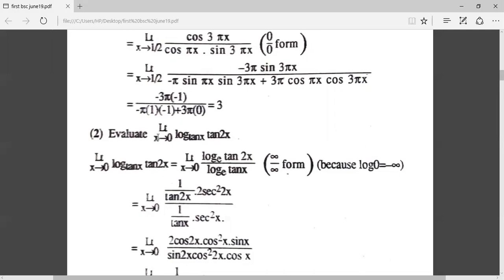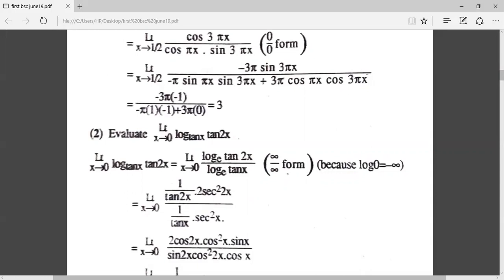Simplify this by converting tan into sin and cos, and secant into cos. 1 by tan 2x is nothing but cot 2x. But what is cot 2x? Cos 2x by sin 2x. What is secant square 2x? 1 by cos square 2x. What is 1 by tan x? Cot x. How do you convert this into cos and sin? Cos x by sin x. What is secant square x? It is 1 by cos square x.